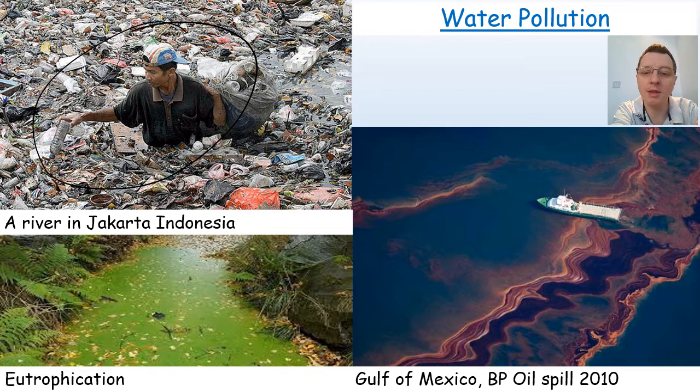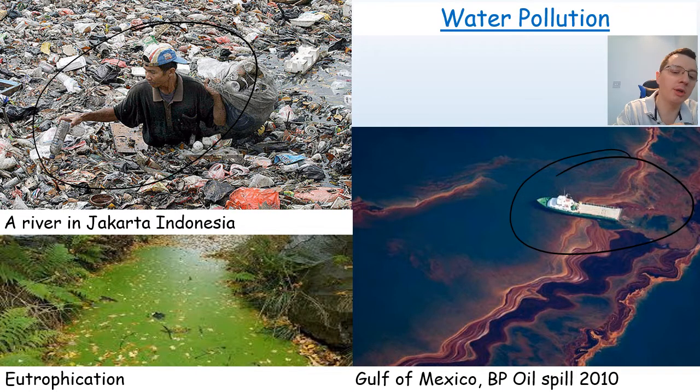A different type of water pollution is shown here, and this comes from the Gulf of Mexico from the BP oil spill in 2010. And again, this is an oil spill that damaged the ecosystems, caused a lot of damage and death to the species of marine life and birds that live in the Gulf of Mexico.